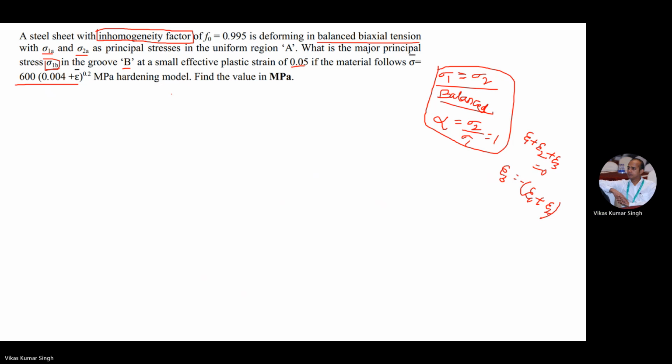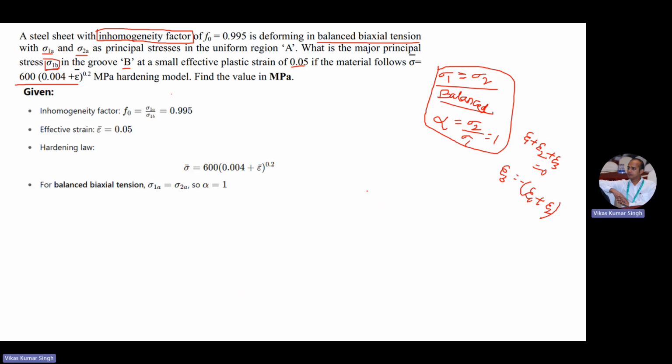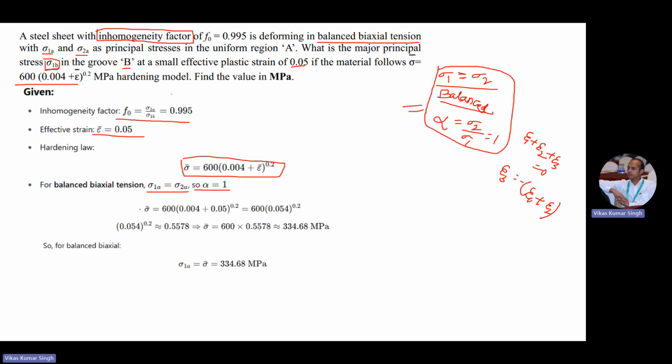So what next? The inhomogeneity factor is given here. The effective strain is also given. The hardening law is also given. For biaxial tension, as I already discussed, alpha will be 1. Now, just putting in all these values, we can find what the stress is according to the hardening law.